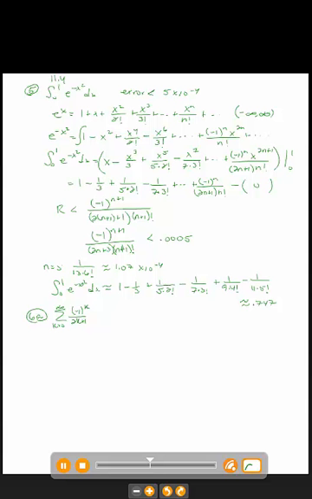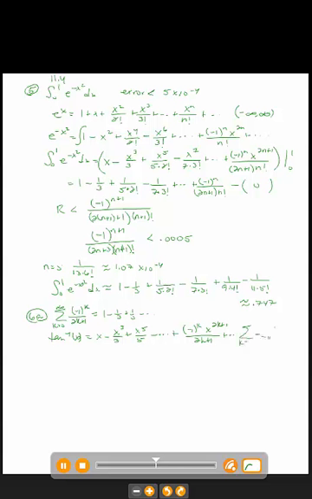Over 2k plus 1. And they also told us this is 1 minus a third plus a fifth minus dot dot dot. Well, arctan x is x minus x cubed over 3 plus x to the 5th over 5 minus dot dot dot out to negative 1 to the k, x to the 2k plus 1 over 2k plus 1.